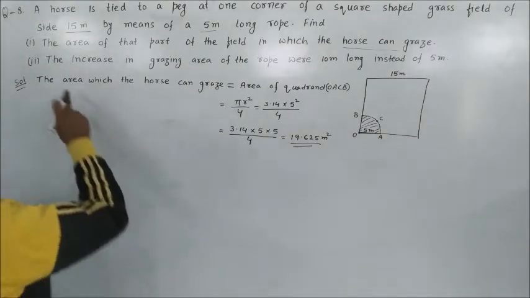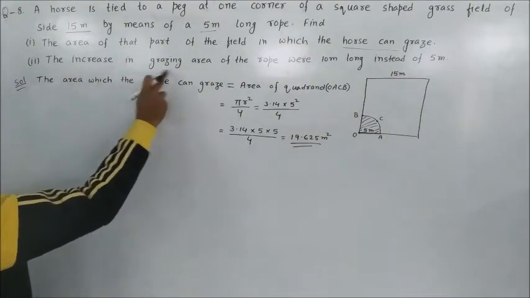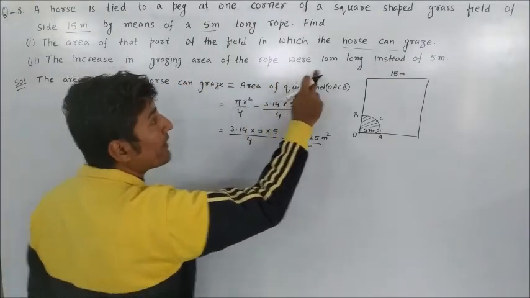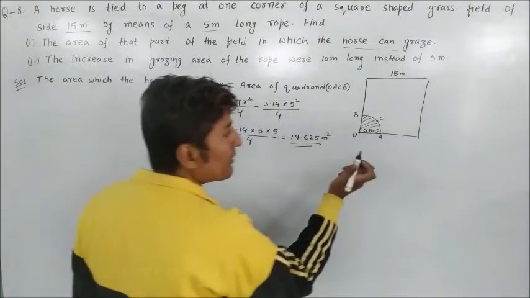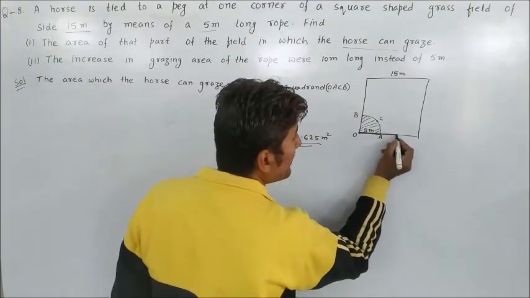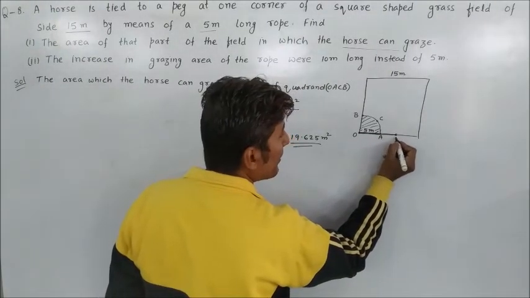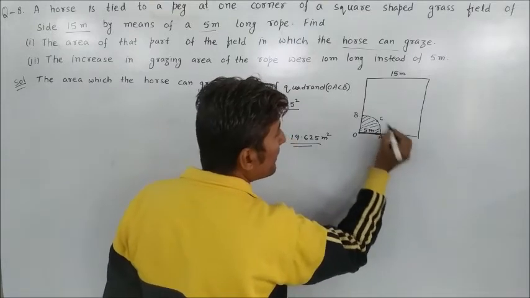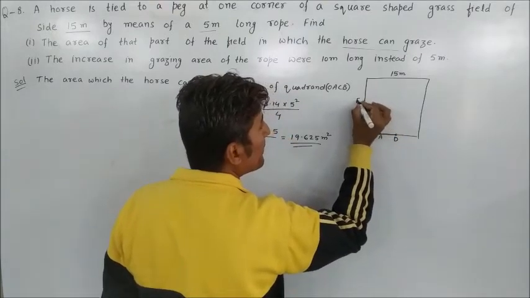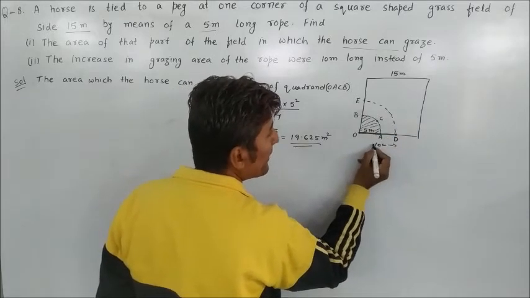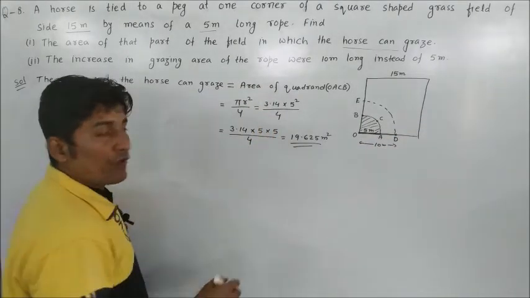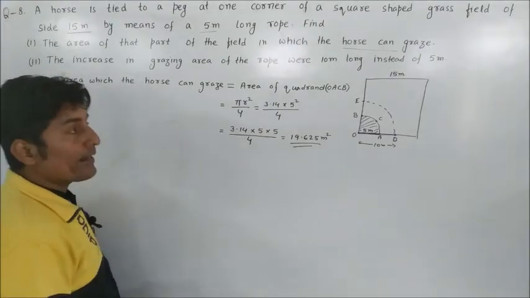Now the second question is find the increase in grazing area if the rope were 10 meter long instead of 5 meter. Suppose next point I have taken as D, this point can be taken as E. If the length of rope is 10 meter instead of 5 meter, then what is the increase in grazing area?